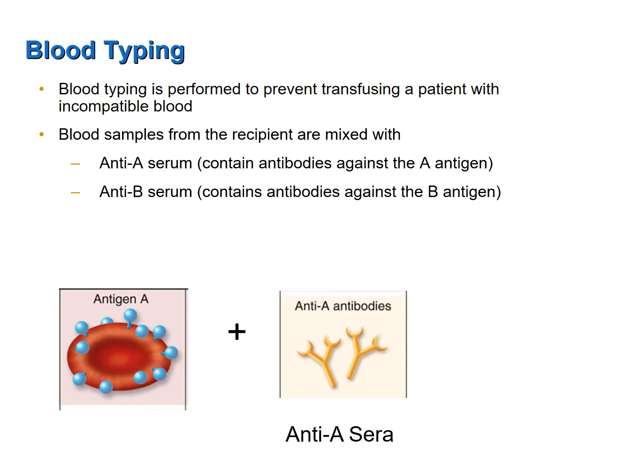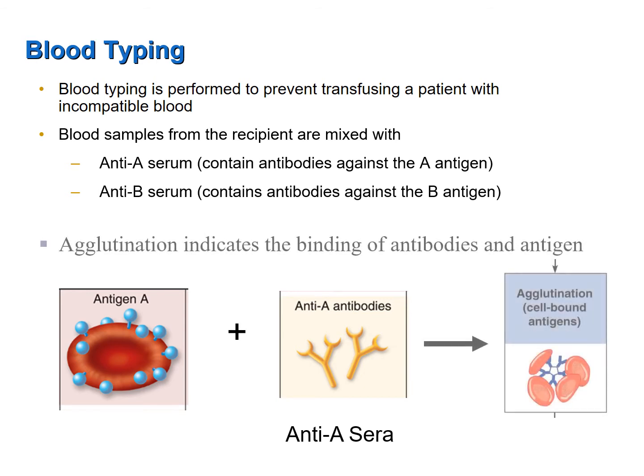If we mix the anti-A serum and the blood sample together, the antibodies will bind to the antigens on several red blood cells, producing clumping, or what's also called agglutination.